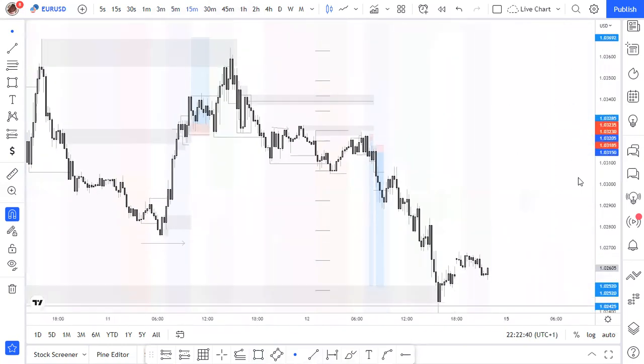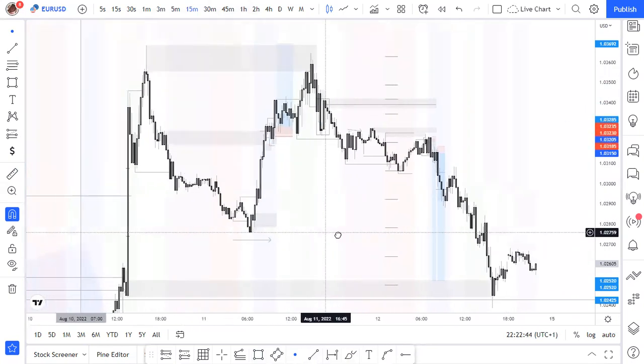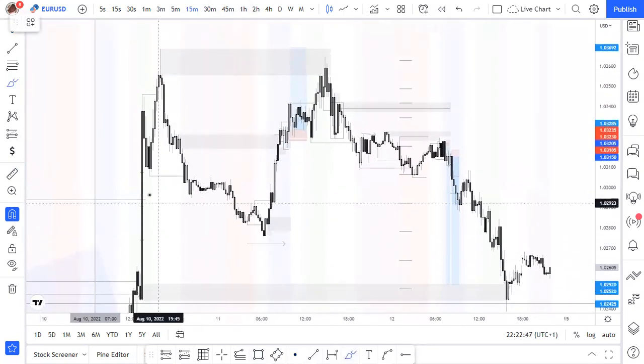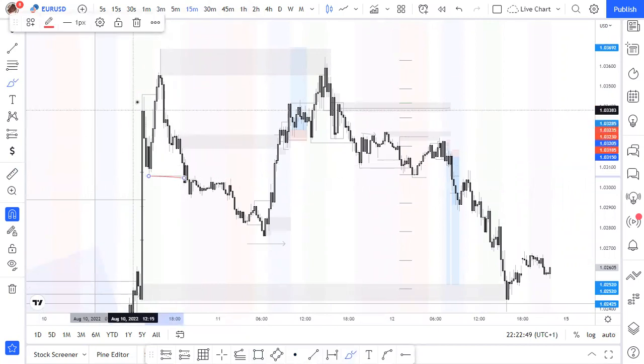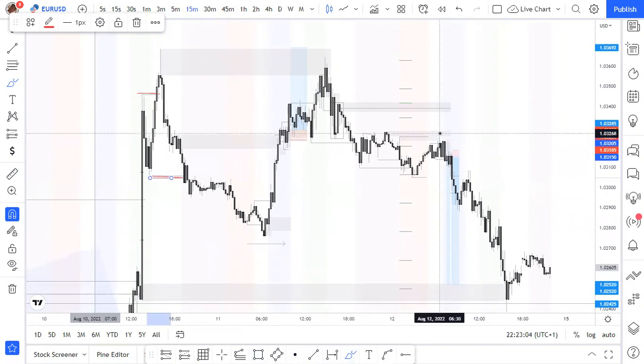So here on Friday, I was looking at this and saying, okay, since we have this break construction here, you could say that the 15 minutes is bearish based on this break construction. But that bearish structure was not confirmed when price was somewhere here during London session.